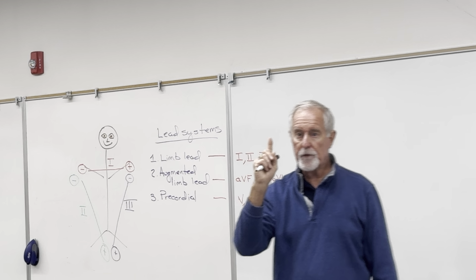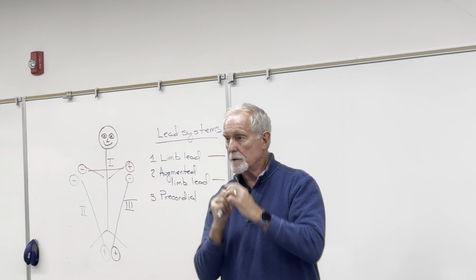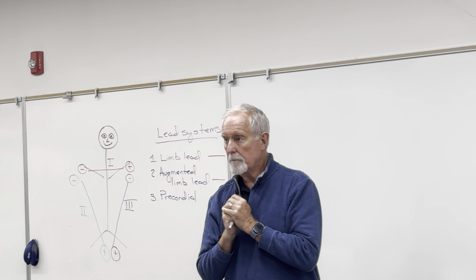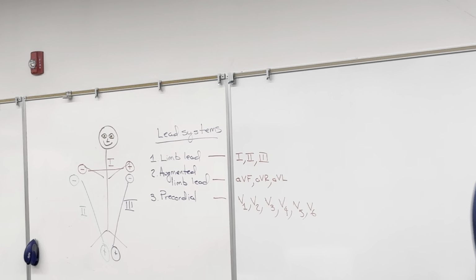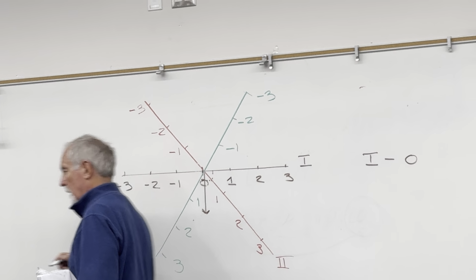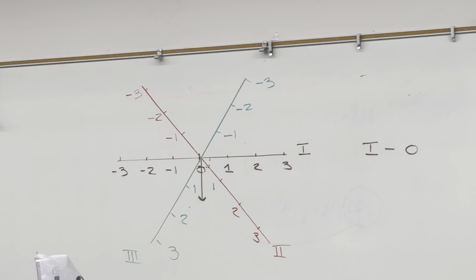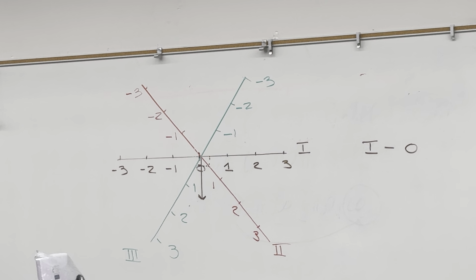So we're talking about the same electrical activity, but we're looking at it from 3 different directions. What do you think? What would the value be for lead 2? Kim, what would you say? For when? I don't really understand it. Okay, that's all right.